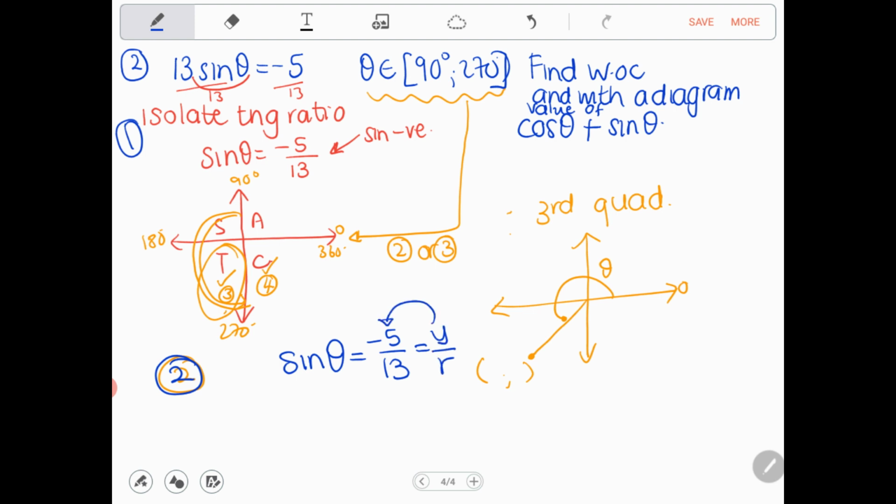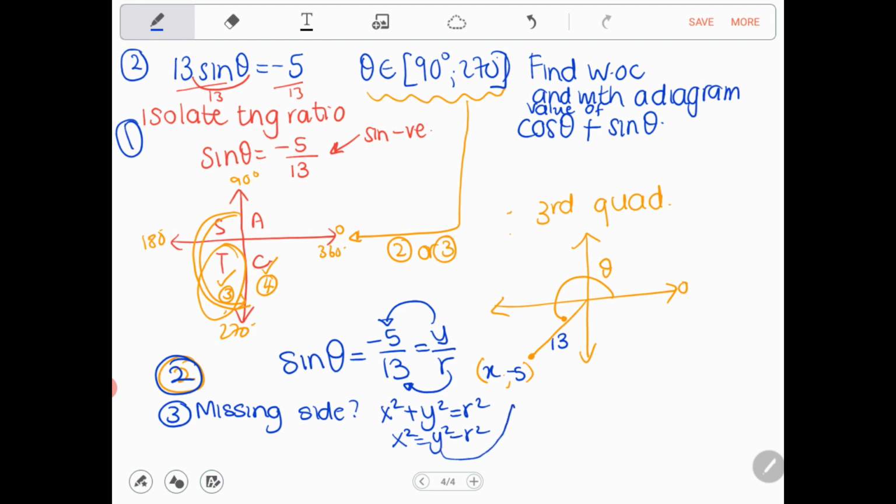Obviously r can never be negative, so make sure that when you take your r, it's positive. So this negative must belong to the y. So y is negative 5, r is 13, and I now need to find my x, the one that's missing here. So we use Pythagoras to find the missing side. x squared plus y squared is equal to r squared. What am I looking for? x squared. So x squared is going to be r squared minus y squared.